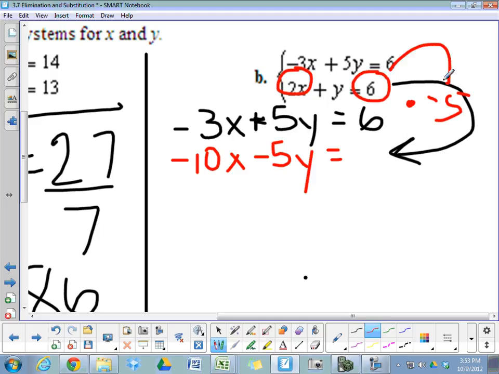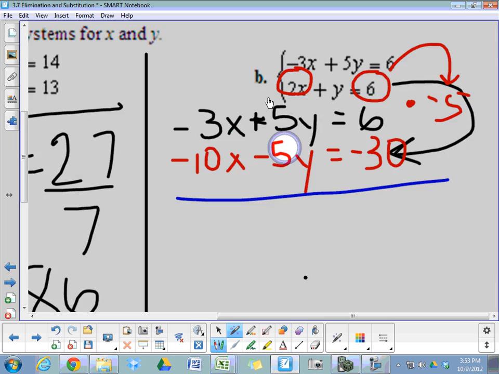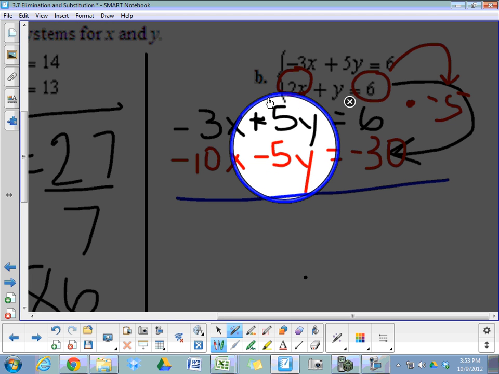That 6 has to be multiplied by negative 5 as well to get negative 30. So again, we kept the equation balanced because we multiplied both sides by the same number. It's just we made it look different so that now when you look up and down in these two equations, we have a plus 5y and a minus 5y. So when we add them together, they're going to eliminate.